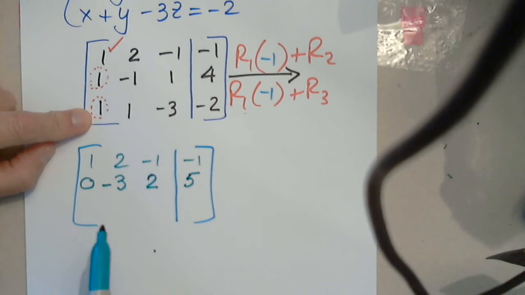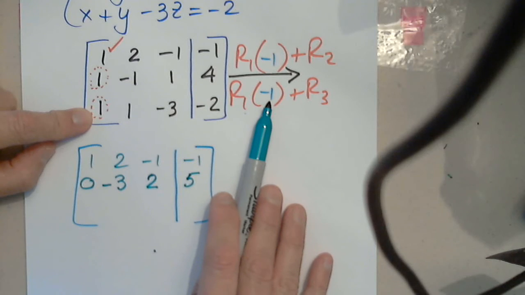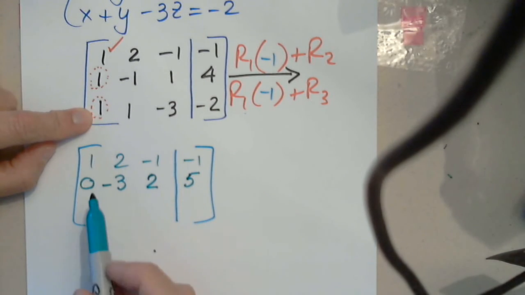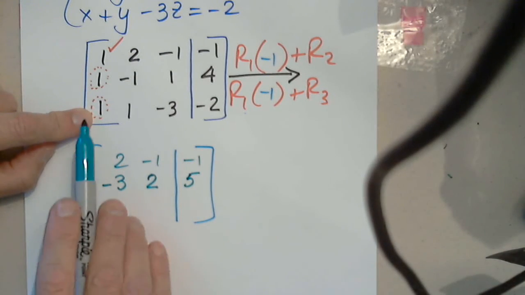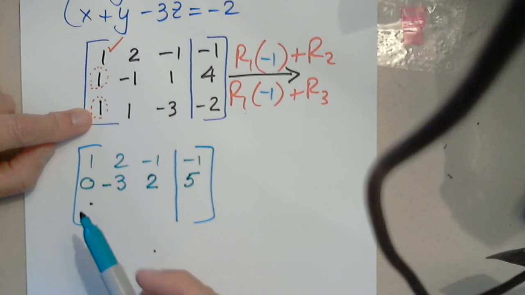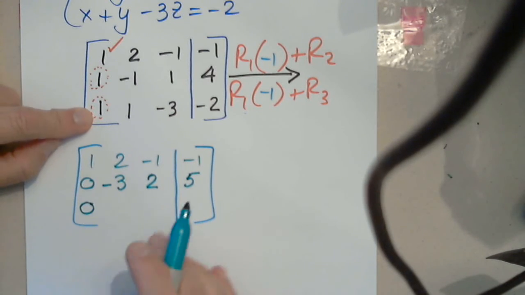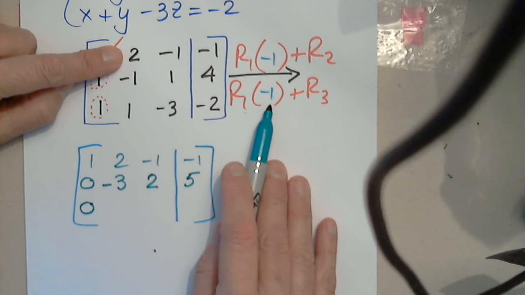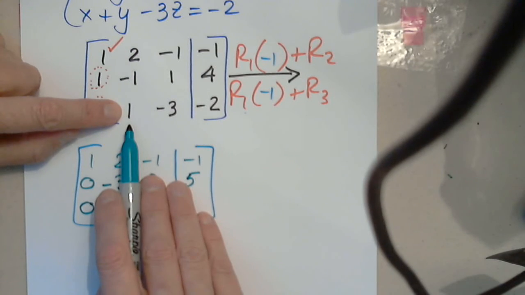We want a 0, right? So 1 times negative 1 plus 1 will be... 1 times negative 1 would be negative 1, yes, and then plus 1. 0. Perfect. 2 times negative 1 plus 1?